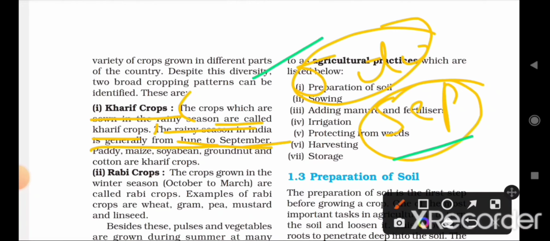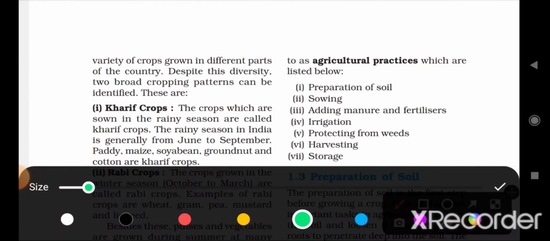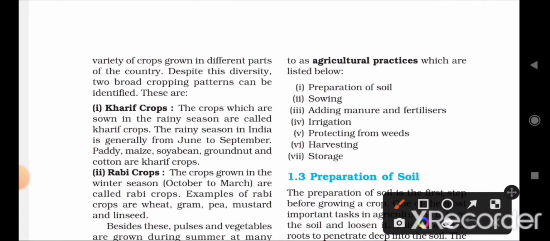Paddy, maize, soybean, groundnut and cotton are Kharif crops.